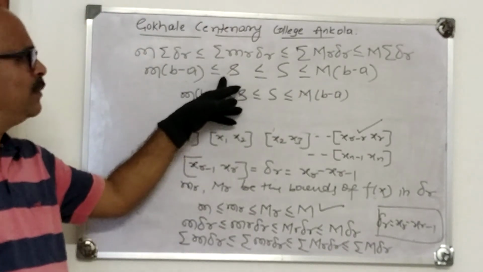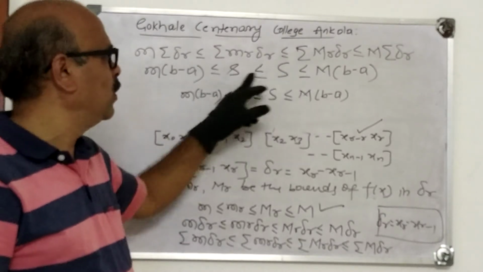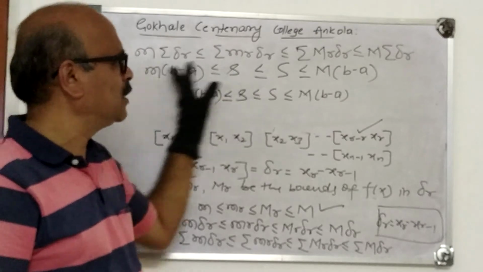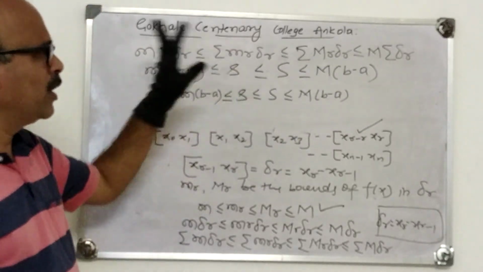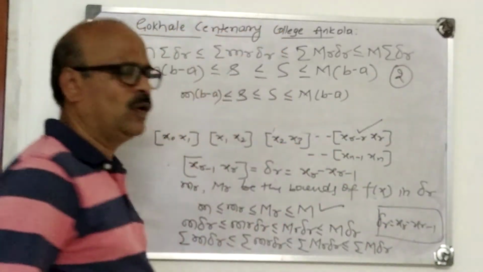What does this indicate? Suppose capital S and small s are upper and lower sums, then the set of all upper sums and lower sums are bounded. Very important result it is. It may be asked in the examination for 2 marks.